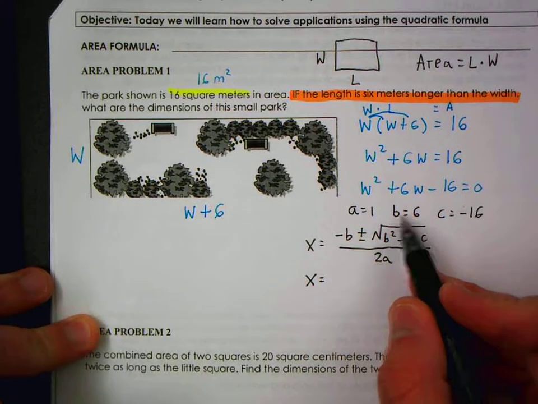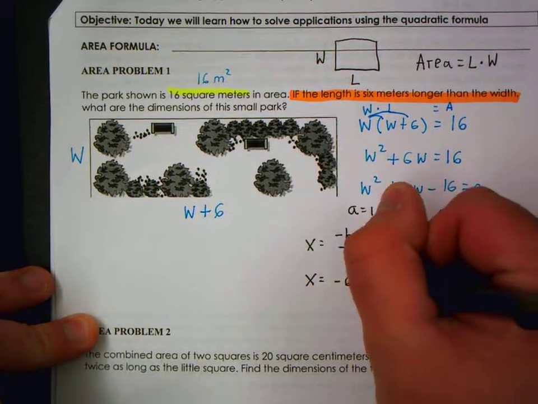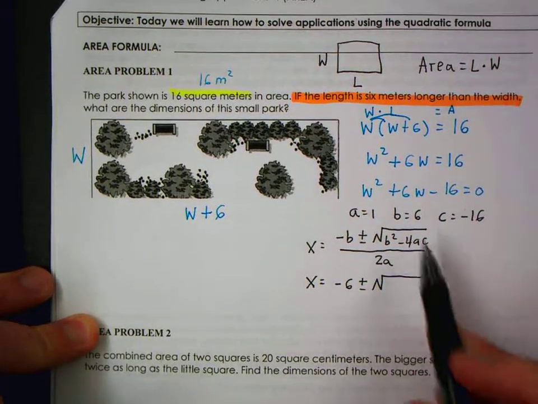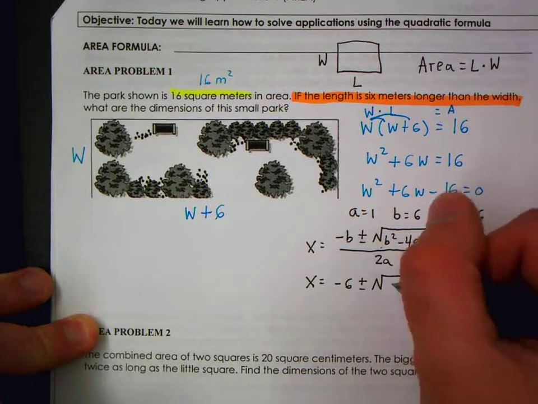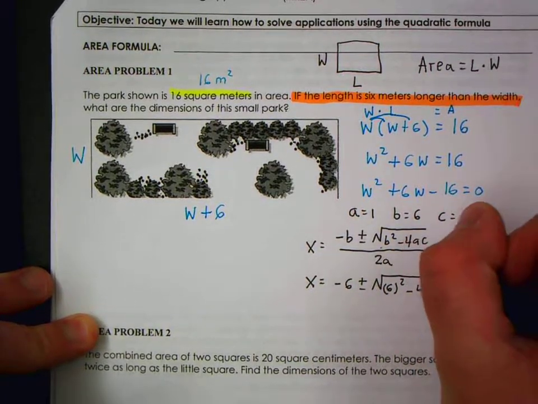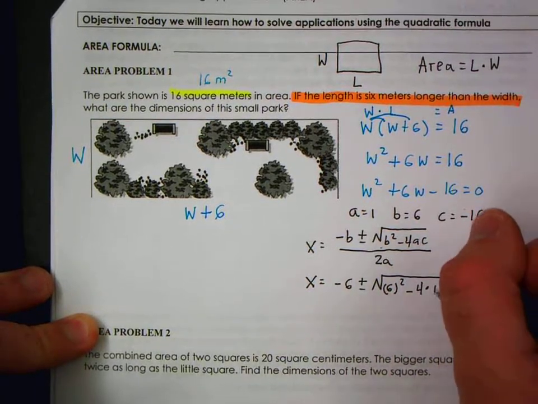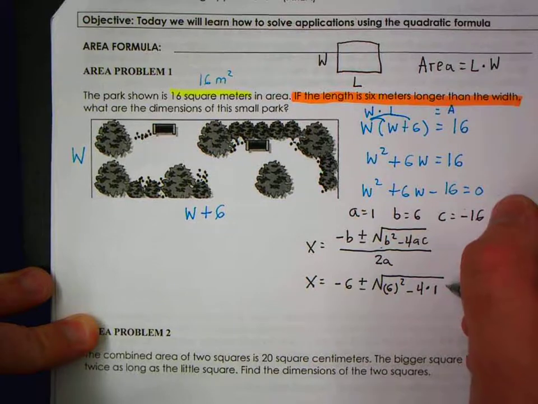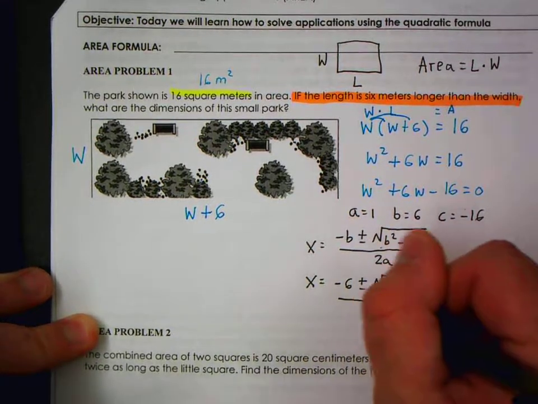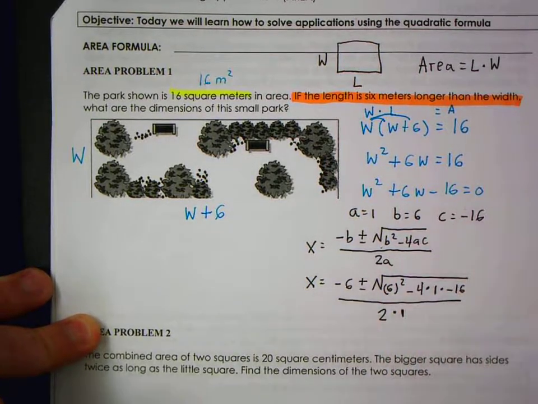So plugging in, negative b would be negative 6 plus or minus the square root of b, which is 6, squared, minus 4 times a, which is 1, times c, which is negative 16, all over 2 times a, which is 1.